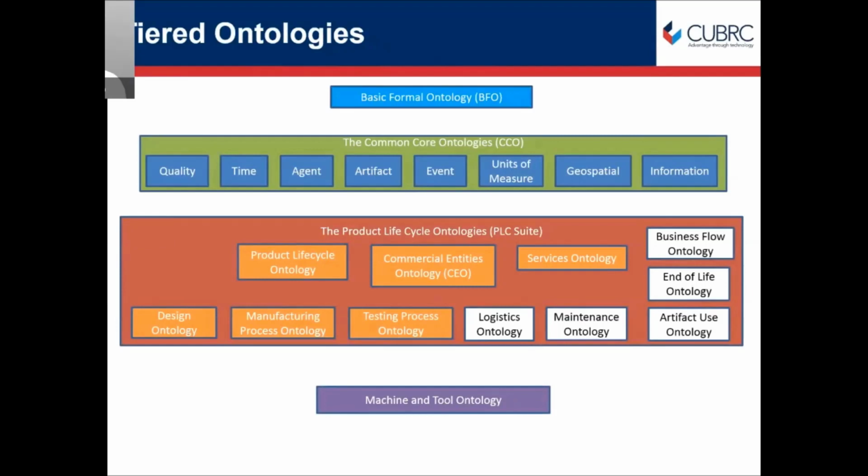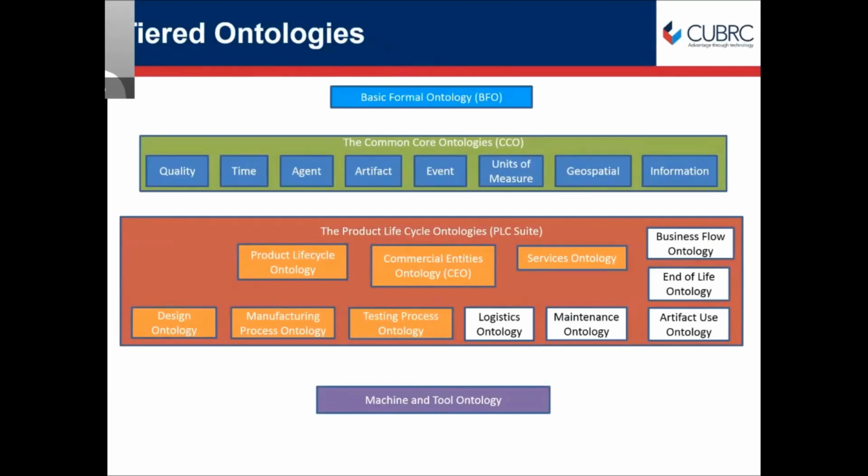And the ontologies there in the orangish red square are those that are being created primarily through the University of Buffalo's efforts. The project manager on that side of the table is Neil Ott, and he is leading a group of graduate students, taking also a lead from Barry on the product lifecycle ontology, the commercial entities ontology, and services ontology.